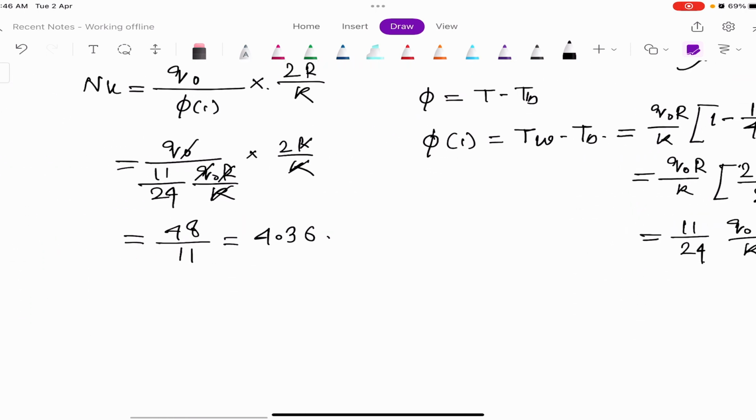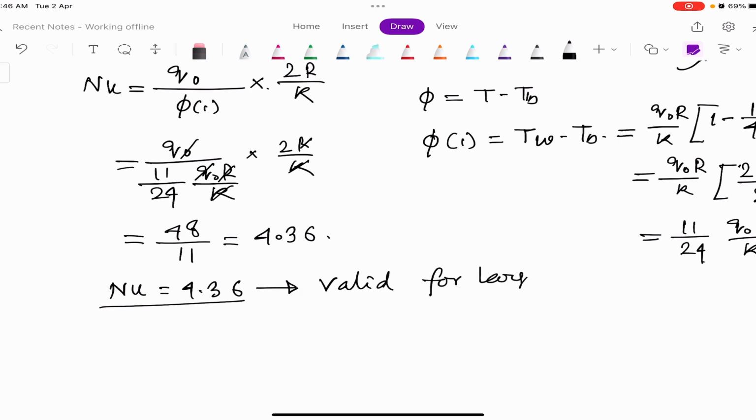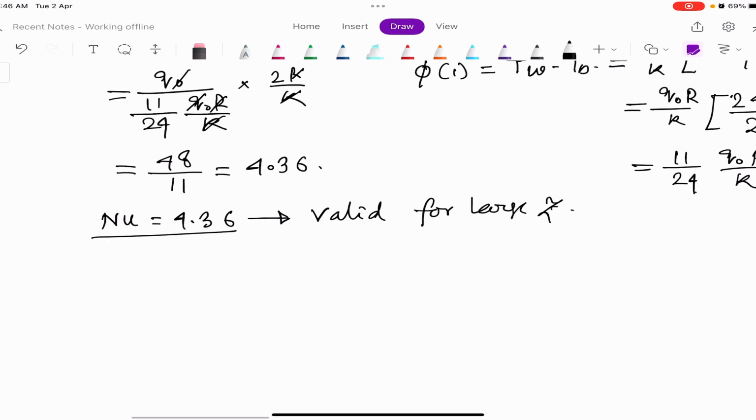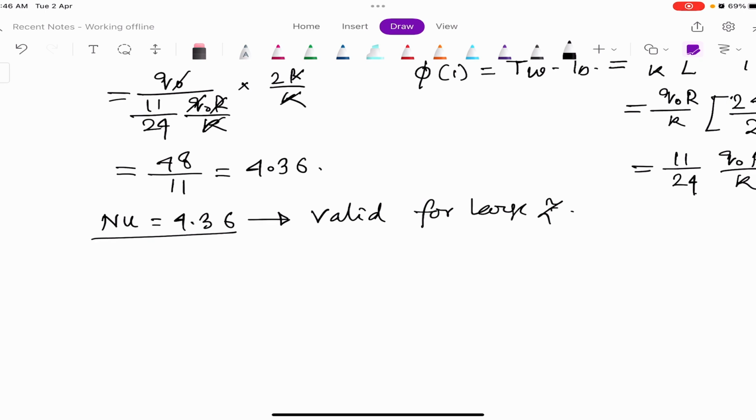So that means Nusselt number at large z. This is valid for large z only. Why? Because you see that the solution is not complete yet.